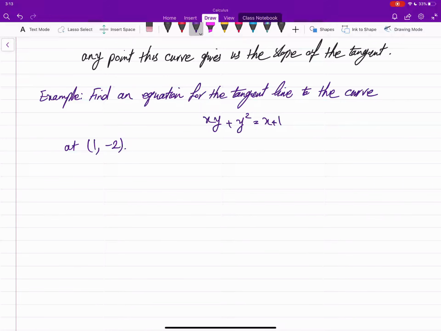Okay, you see that we need a point. The point is here. This is x, this is y, and we also need the slope. Slope here is dy dx. We have to plug in x equal to 1 and y equal to negative 2. So that is the slope we are looking for, m.